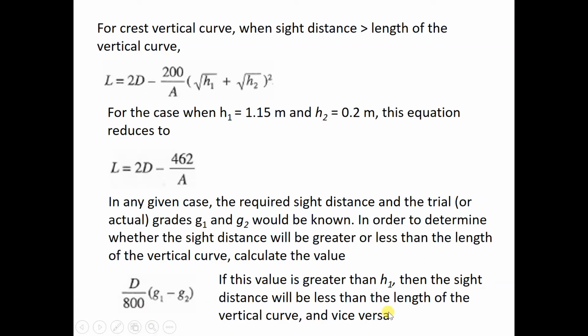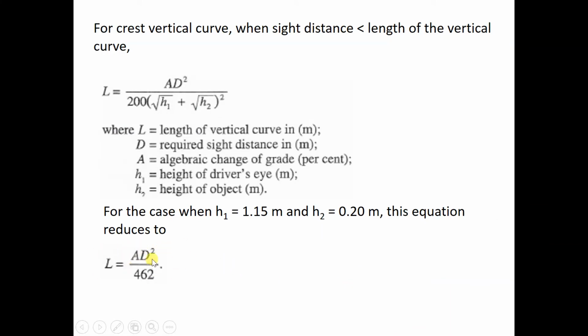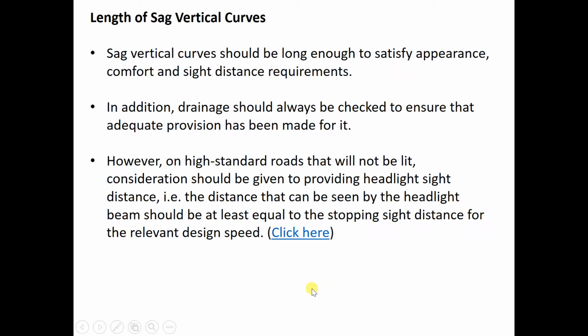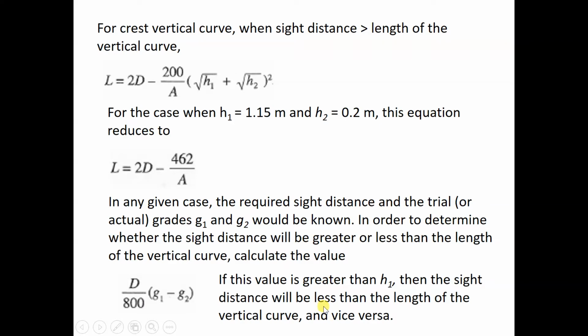When this term is greater than H1, we use the single term for L. If this value is less than H1, the stopping sight distance will be longer than the vertical curve, so we have to use the two-term expression. So if the term is bigger than H1, we use the first; if smaller than H1, we use the second, which means the stopping sight distance is greater than the length of the vertical curve.